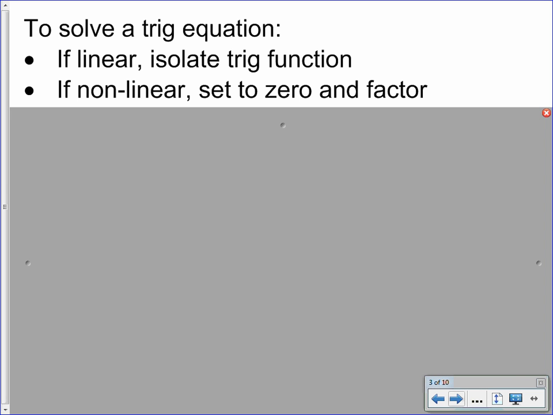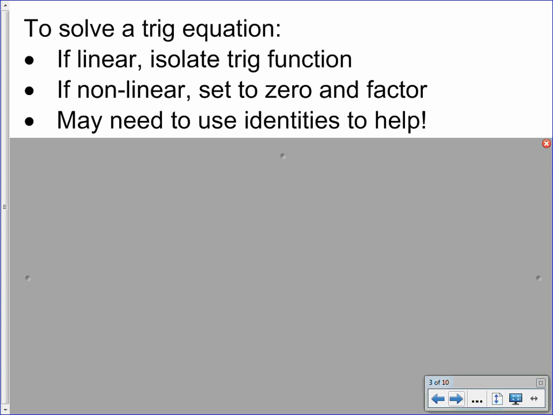There is a reason why I had you factor last Monday and then yesterday on your quiz. It is possible that you're going to use identities to help you, especially those Pythagorean identities. They're going to be of use to you.